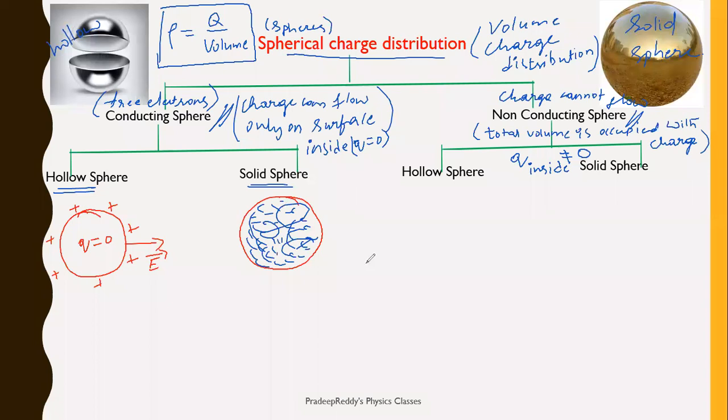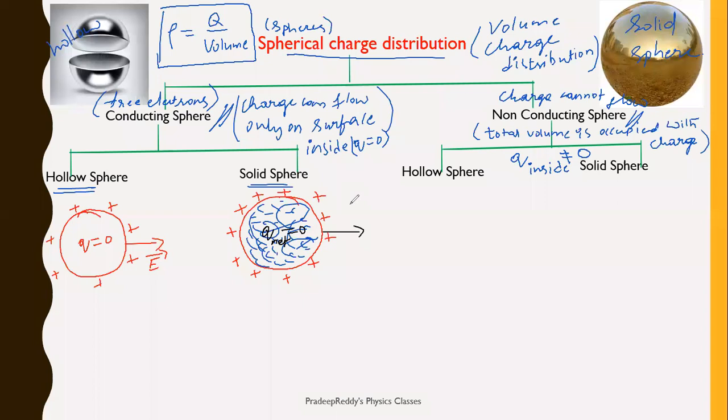But whatever charge you have, that charge is accommodated only on the surface. Now coming to net charge inside, Q net inside is equal to 0. That means total positive and negative charges will be compensated. Net charge inside the sphere is equal to 0. Only field will be extended outward.